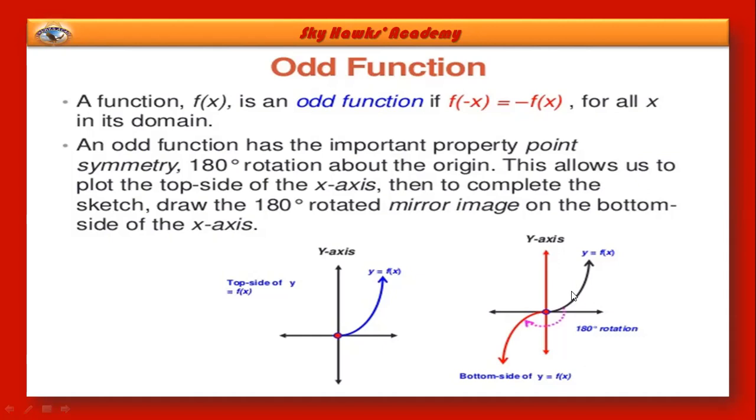It's a mirror image, we can say, but that mirror is rotated. If you are getting the mirror image, that will be over there as in the even function. But this mirror image is rotated through 180 degrees also. So that's why we are getting this red line downside.